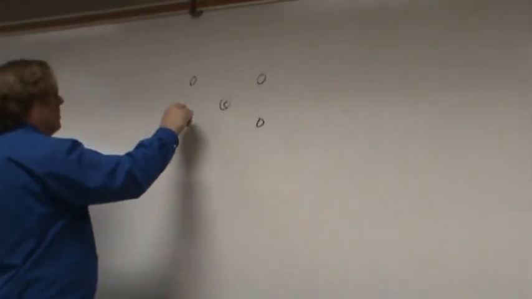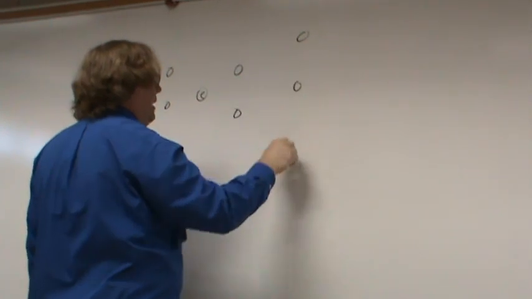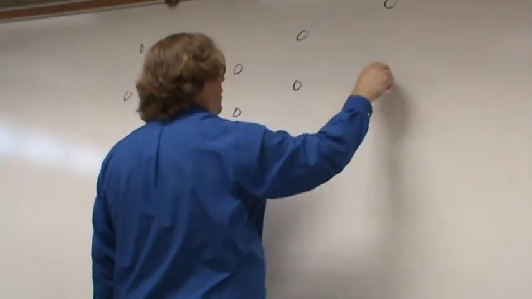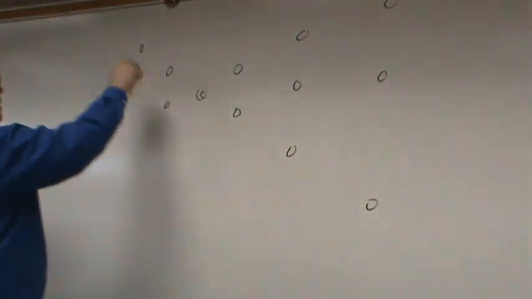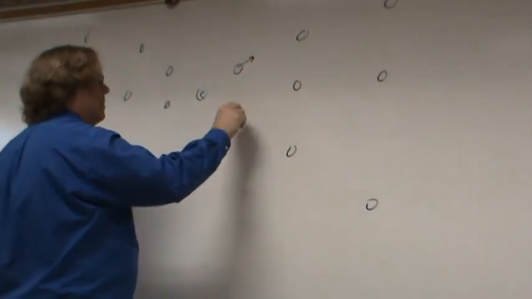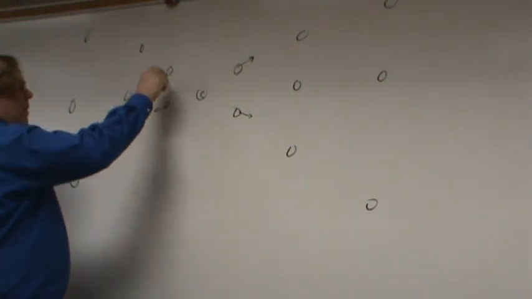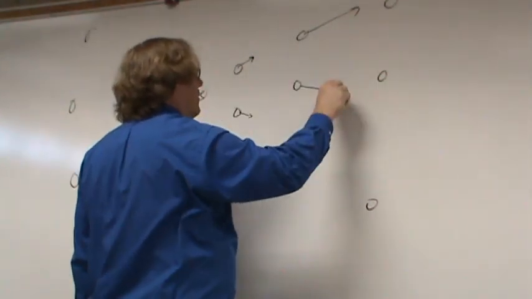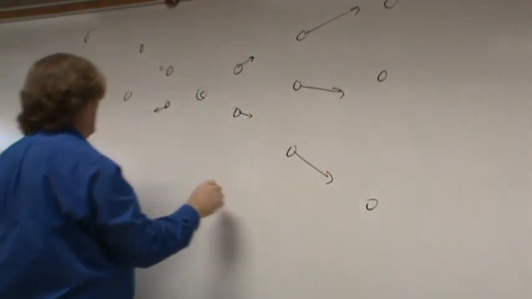Here's the Earth. You got some nearby stars. You got some medium faraway stars. You got some super faraway stars. And we discover that the nearby stars are moving away from us, but the medium faraway stars are moving faster away from us.